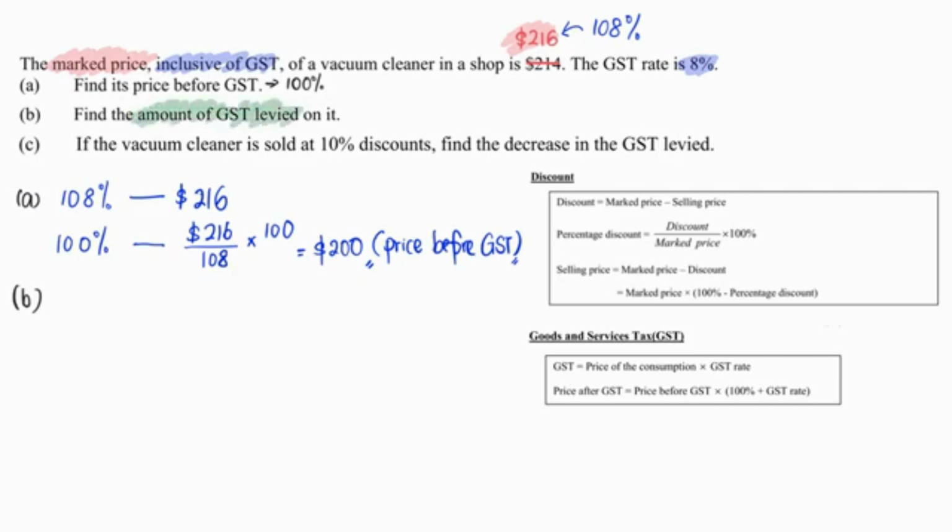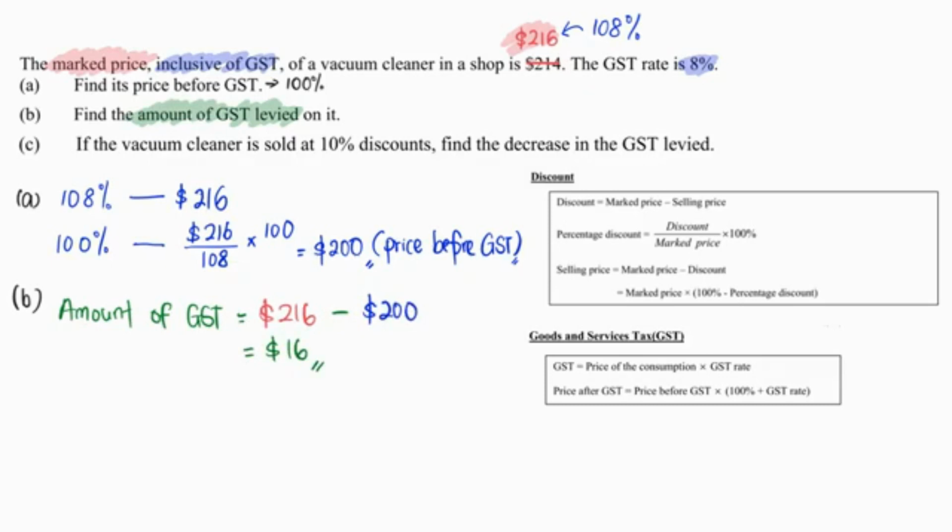Levied means taxed. So the amount of GST in this case is simply the price with GST minus the price before GST, and that will be $16.